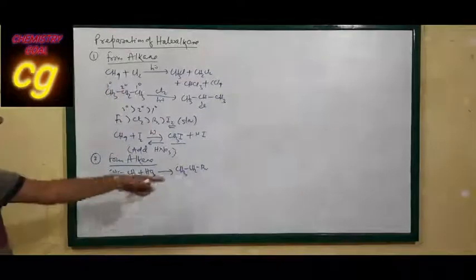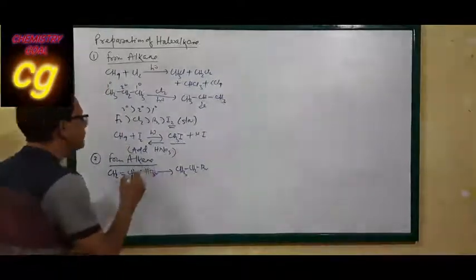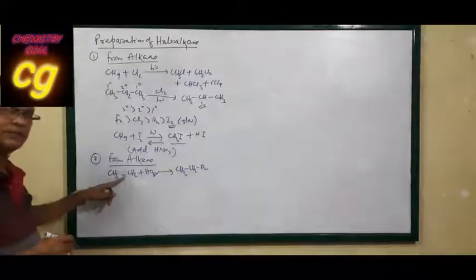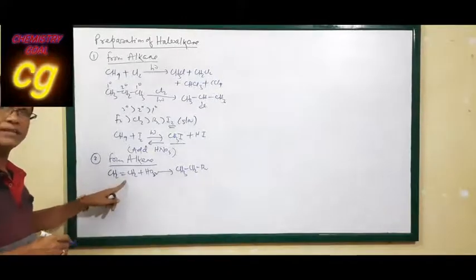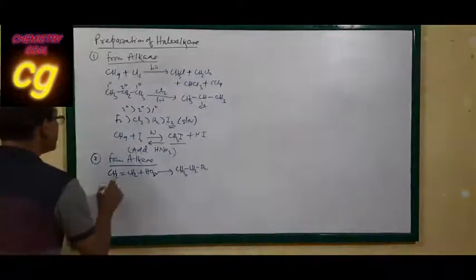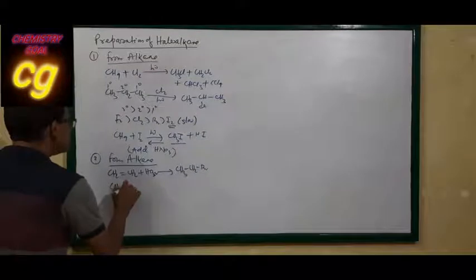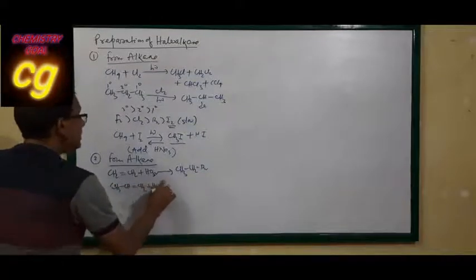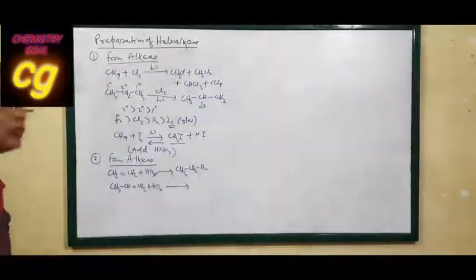But this ethene is symmetrical. If you take an unsymmetrical alkene, CH3CH=CH2 plus HBr, it follows Markovnikov's rule.